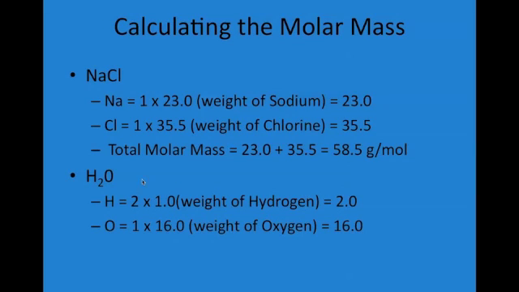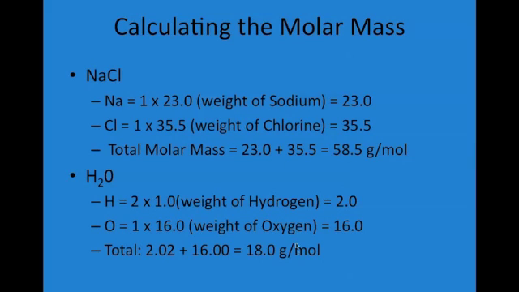Now, in order to get the total molar mass, I'm going to do like I did with NaCl. I am going to add them all up. So 2.02 plus 16 equals 18.0 grams. Now, I just cut off the 2 here. We're going to round just to 1 decimal place to make it nice and easy. So when I write it, remember, I'm writing 18 grams per mole. That's like saying there are 12 eggs per every dozen. So that slash means per.